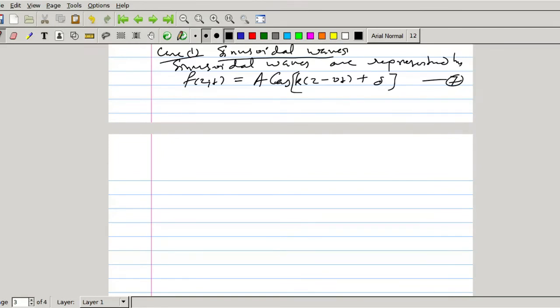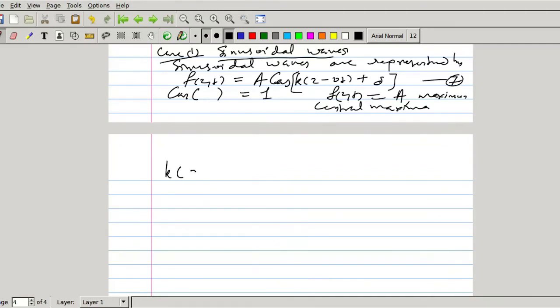Now consider the phase delta, where delta is the initial phase. The maximum amplitude is obtained when the cosine of this function is equal to 1. When the cosine of this function equals 1, then f(z,t) will be equal to the amplitude, which will be maximum. This we can call a central maxima. So the maximum amplitude is obtained when the cosine of this function equals 1, or this function should be equal to 0.